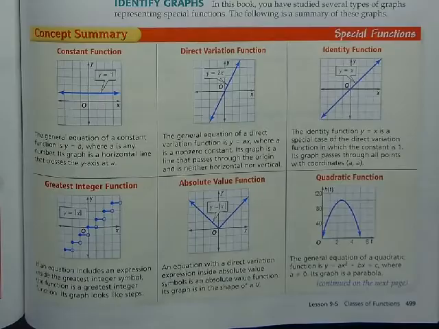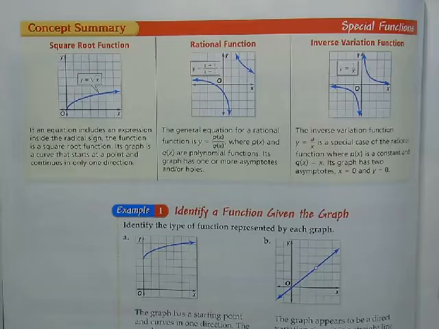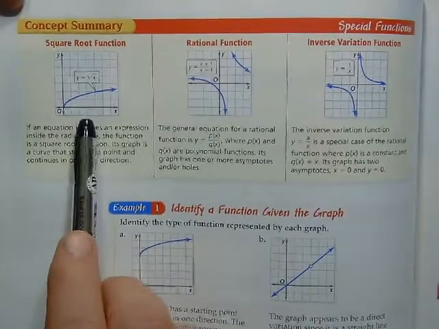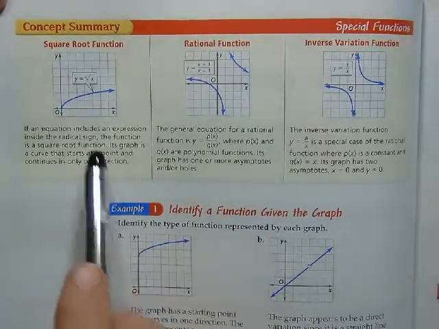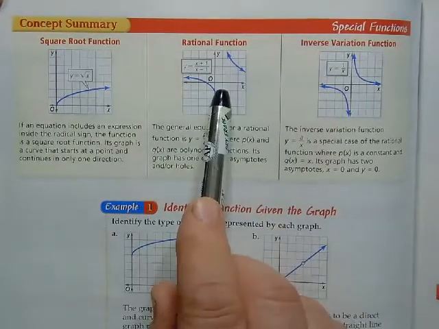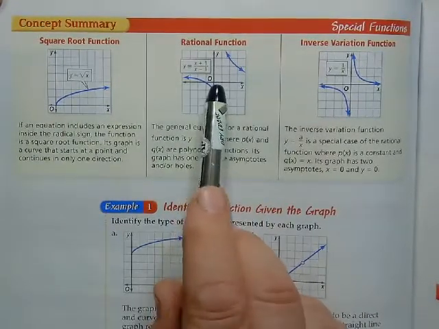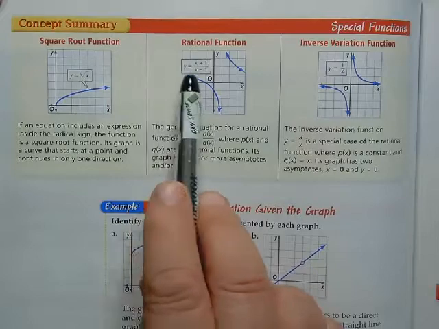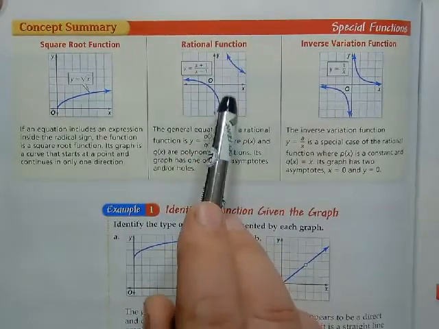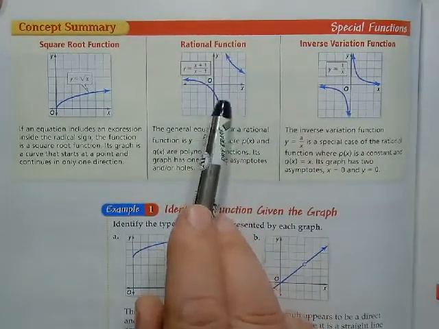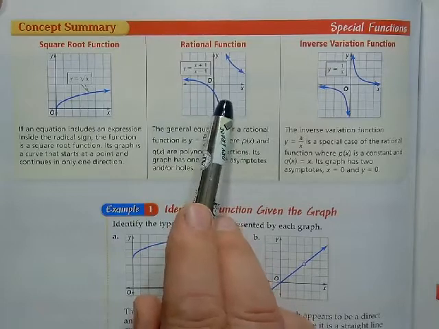Let's look at the next page, 500. All right, these three at the top of page 500, there's that square root function that I showed you a little bit earlier. And then the rational functions are what you're working on at this moment. They tend to look like curves, although they could be different. They could have holes in them. In fact, they could be straight lines.